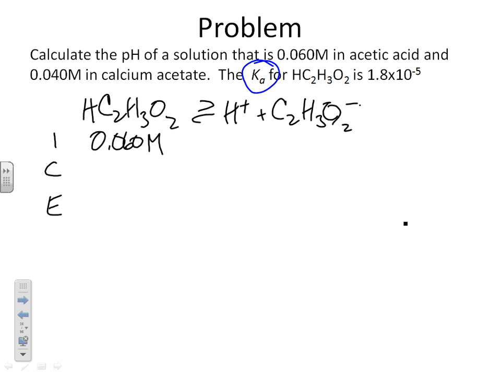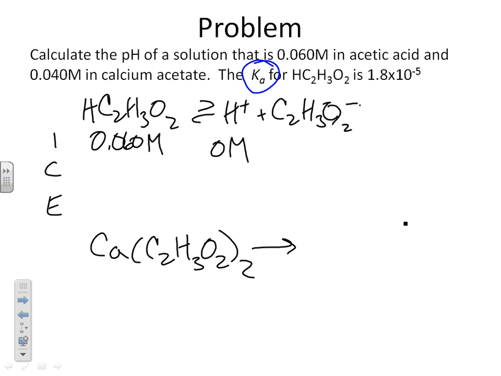So we're not starting with any hydrogen ion, but we are starting with some acetate. And if you plug in 0.04 molar as that initial concentration of acetate, congratulations, you just got the problem wrong. Be very mindful whenever Mrs. Julian gives you a name of something without giving you the formula, because calcium is group 2, calcium has a charge of +2, and acetate has a charge of -1. This is the formula for calcium acetate.